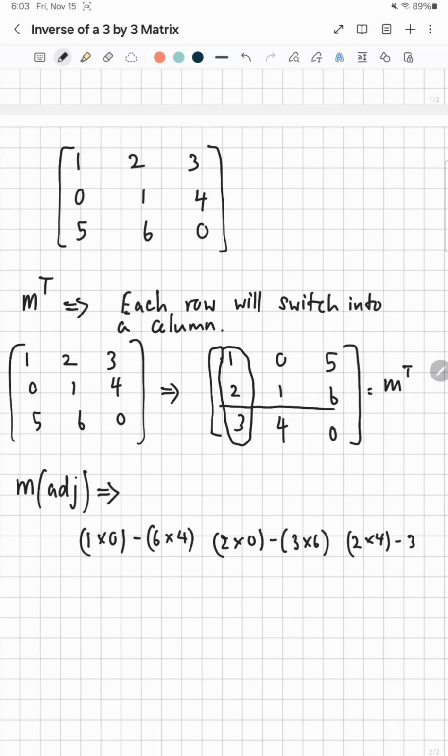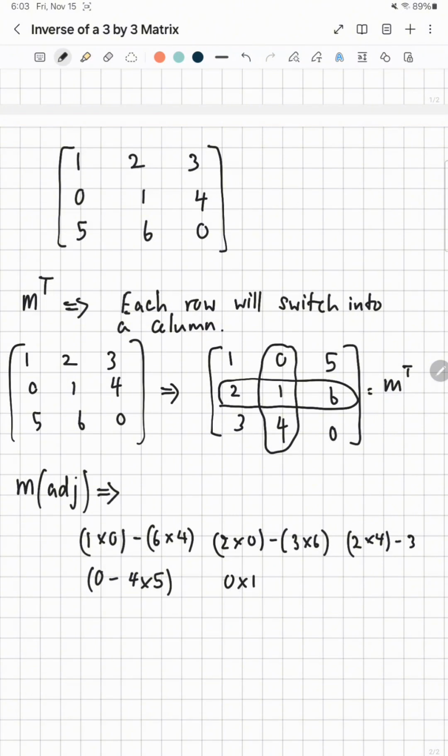And then you cross the second row with the first column: 0 into 0 minus 4 into 5. And then the second row with the second column: 1 into 0 minus 3 into 5.